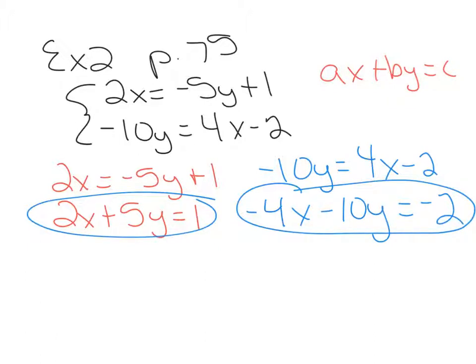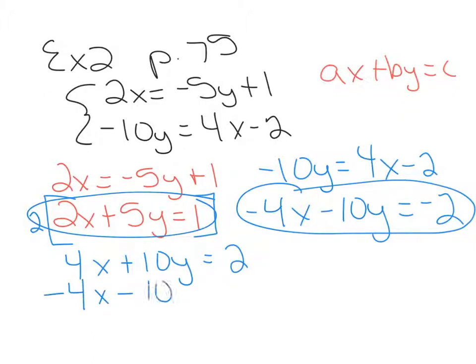Let's eliminate x. Let's multiply this entire equation by positive 2, and that's going to turn it into 4x plus 10y equals 2, because this 2 just distributes then. And then I'm going to bring this one and put it underneath here: negative 4x minus 10y equals negative 2.